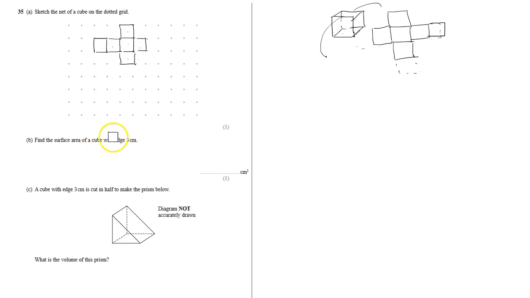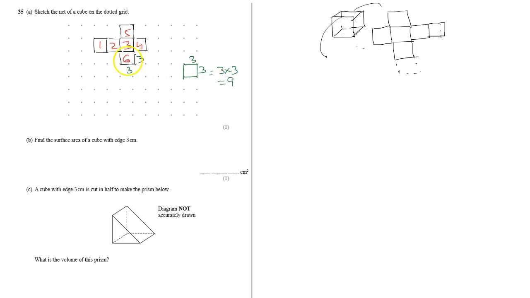Find the surface area. So how many squares are there? 1, 2, 3, 4, 5, 6. And the area of each, if the sides are 3 and 3, is 3 multiplied by 3, that is 9.